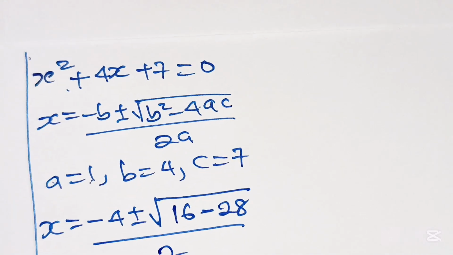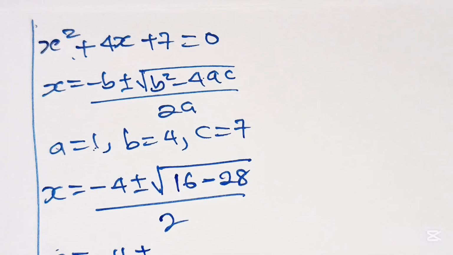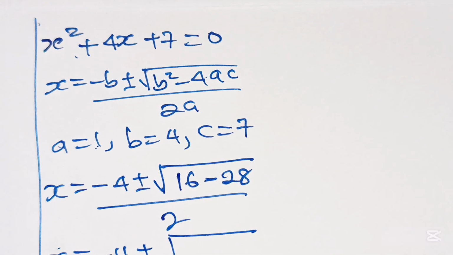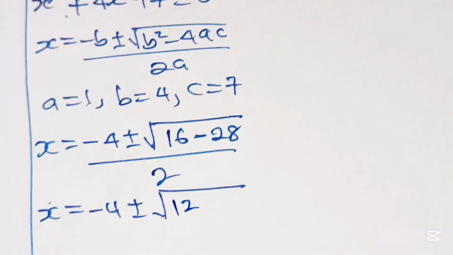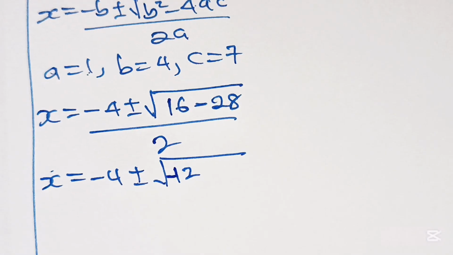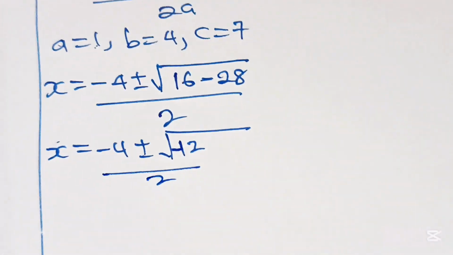Okay, so we have x is equal to minus 4 plus or minus the square root of, now 16 minus 28 will give us minus 12. So it's going to be minus 12 divided by 2.